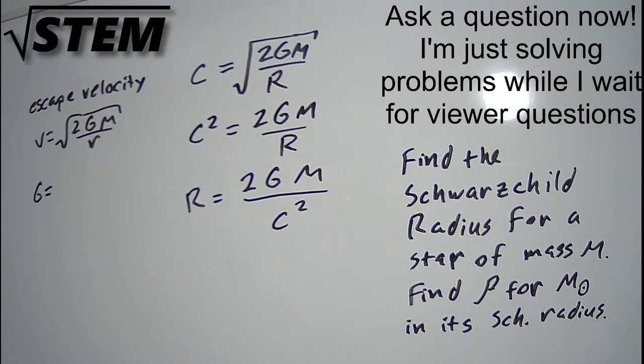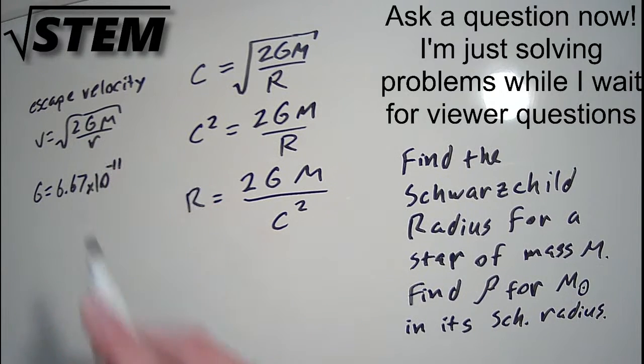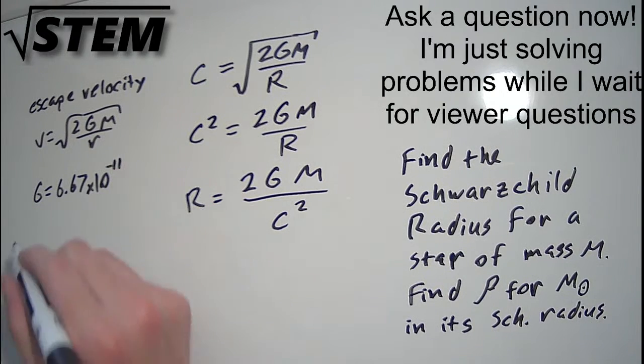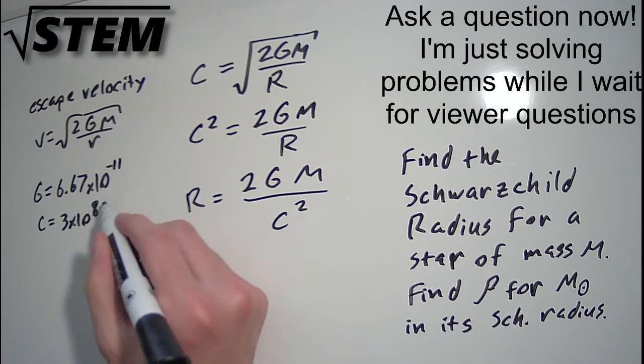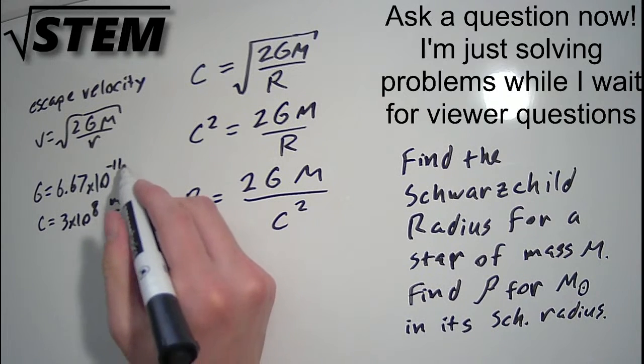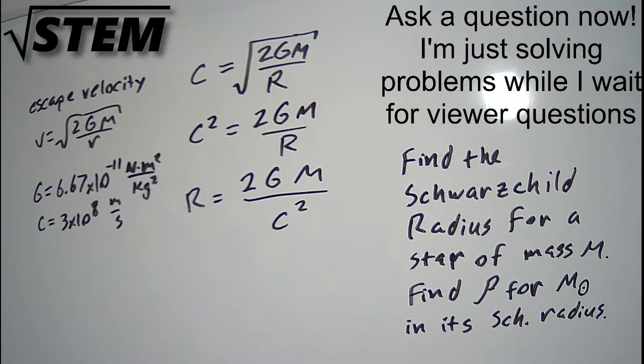The gravity constant, let me look up what that value is again. 6.67 times 10 to the minus 11. The speed of light is 3 times 10 to the 8th meters per second. I guess I should write down the units for this. Newtons times meters squared over kilograms squared.